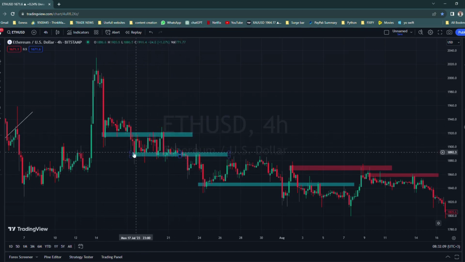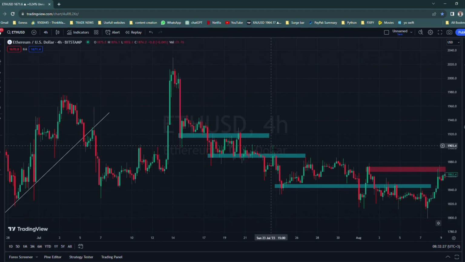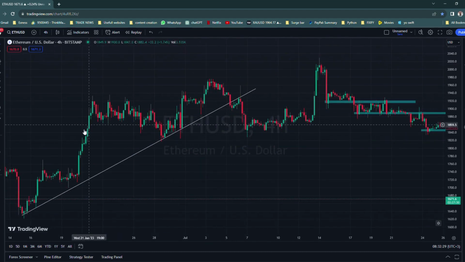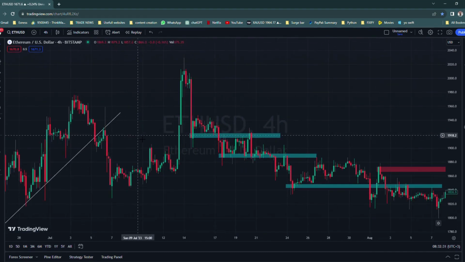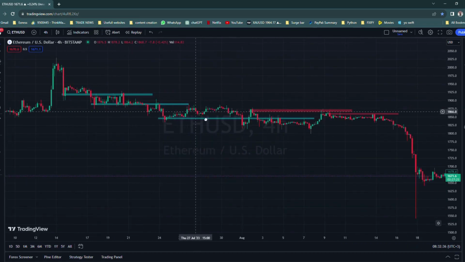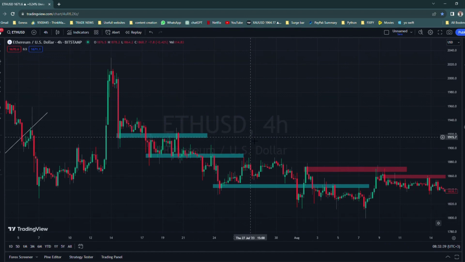And here it's a break of this support and a demand zone, and a retest below the demand zone or this support area, which becomes a sell zone in this case, and there is a short-term trend right there. Now this is a different setup from this, and you might understand how this works, and someone else somewhere understands how that works. Networking with other traders will help you get opportunities you wouldn't have got otherwise.